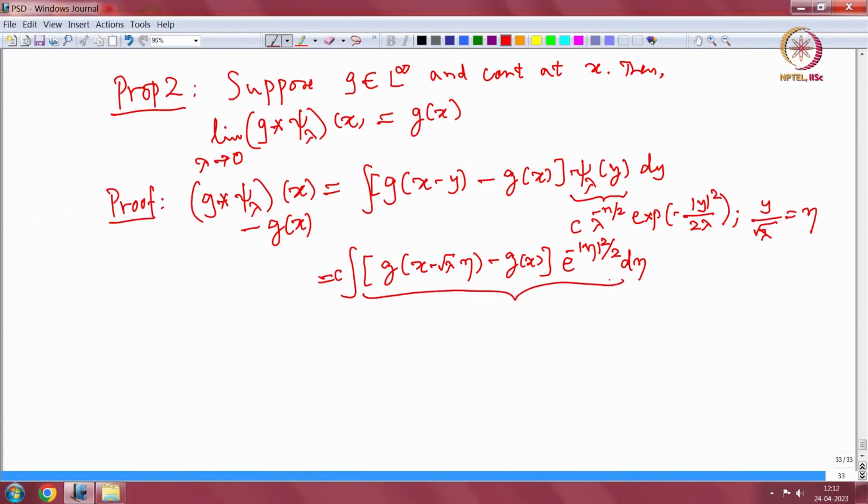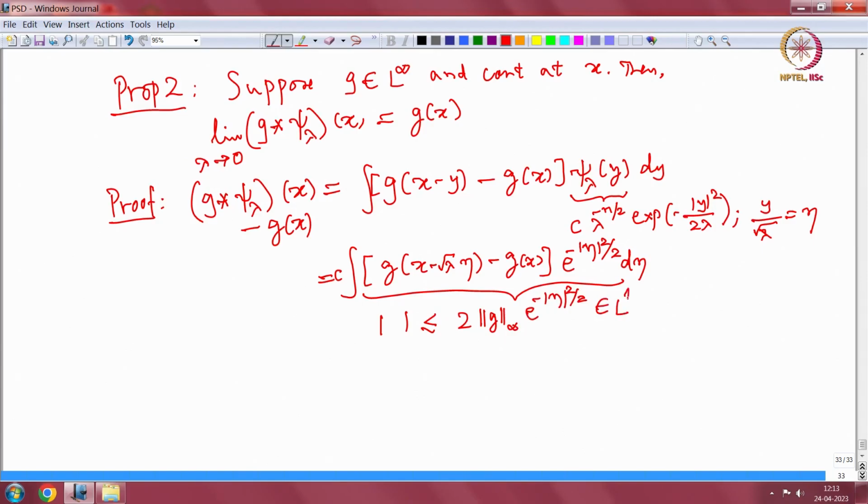Again look at the integral. By our assumption g is bounded, so this is less than or equal to, in absolute value of course, twice the g infinity e to the minus mod eta square by 2, and that is in L1.